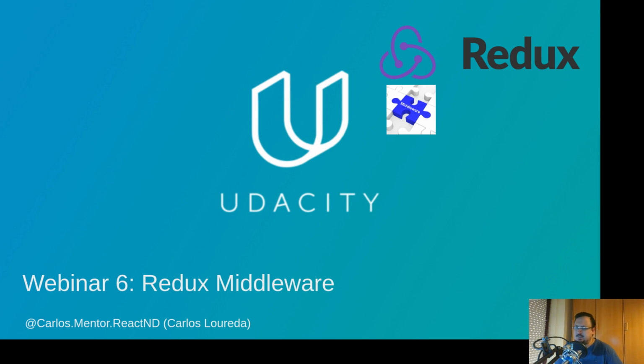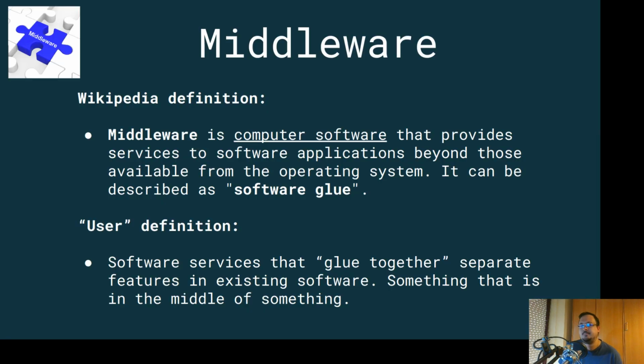It's almost what you've seen in class, but it's nice to have another point of view of it and refresh the concepts. So first of all, what's middleware? Some of you might understand the word when you first hear it, but in my case, it took me a while to learn what it really meant.